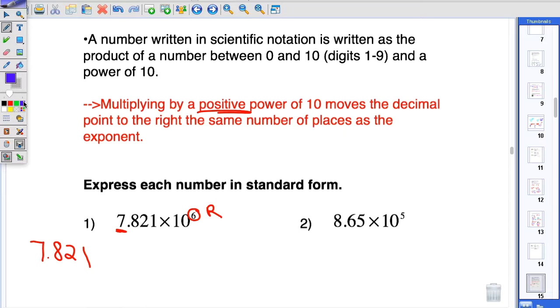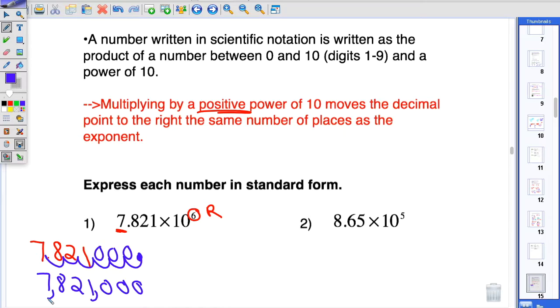We put our pen on the decimal point and move it to the right 6 times: 1, 2, 3, 4, 5, 6. Now your decimal point's at the end. We fill in zeros, rewrite our number, put in commas, and our number written in standard form is 7,821,000.